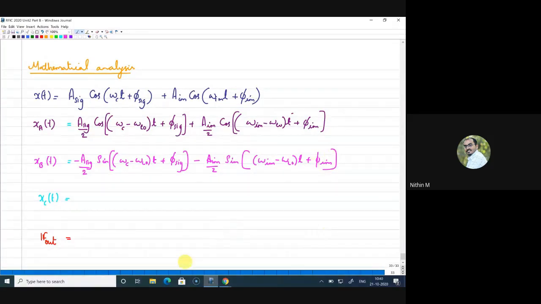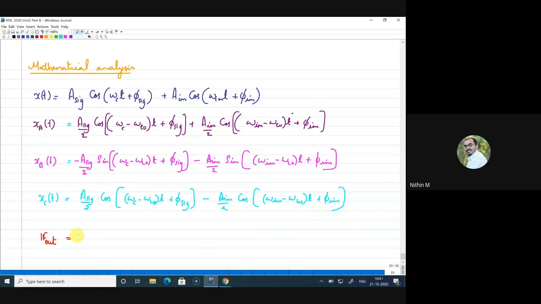Now apply a 90 degree phase shift to xb of t so that I can write xc of t, which is A signal by 2 cos of (omega c minus omega LO) t plus phi signal, minus A image by 2 cos of (omega image minus omega LO) t plus phi image, right?